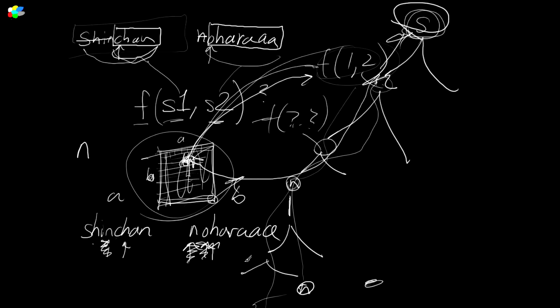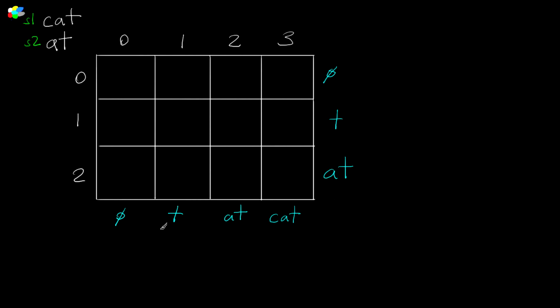So to do this, we're going to need a table. It's going to be 2-dimensional. We could do a vector of vectors. And before we actually jump into the code here, let's do a simple mock-up of what our table would look like for a simple input data situation. So we've got string 1 is cat, string 2 is at.